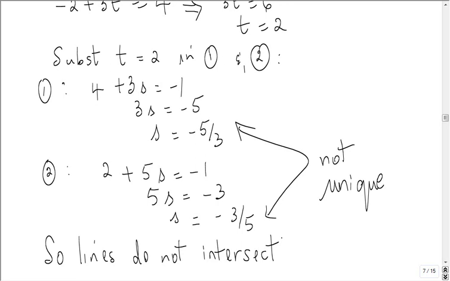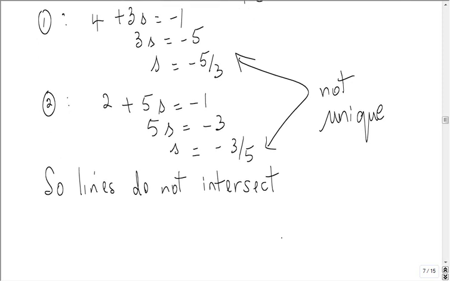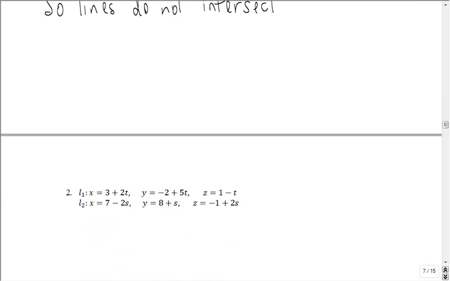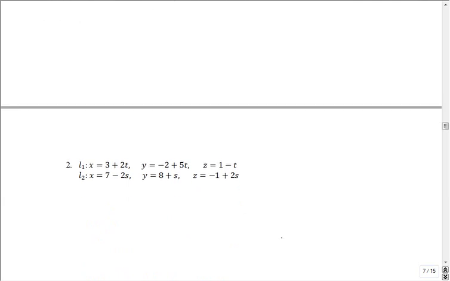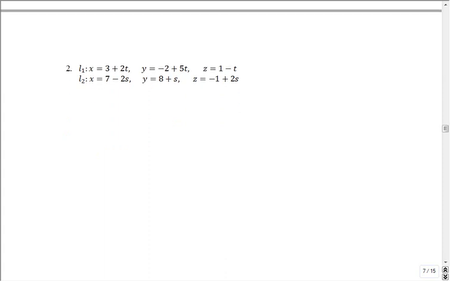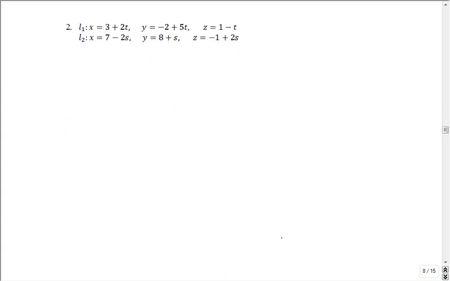Let's do another one. Hopefully this one is going to intersect. Number 2. All right, so let's equate again. 3 plus 2t equals 7 minus 2s.